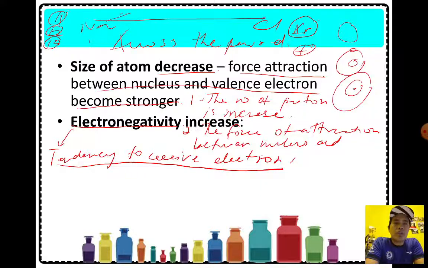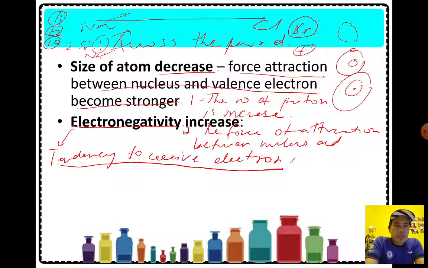Natrium ni dia suka derma elektron. Sebabnya dia 2.8.1, jadi dia nak derma elektron membentuk cation ataupun Na+. Sama juga magnesium. Kalau logam, tendency to donate elektron. Ataupun senang cerita, dia lebih elektropositif.